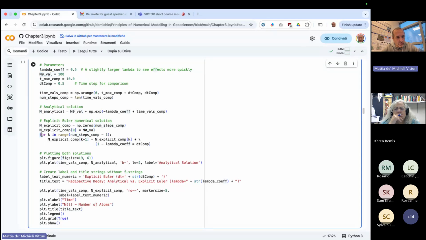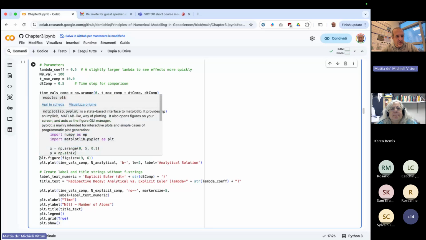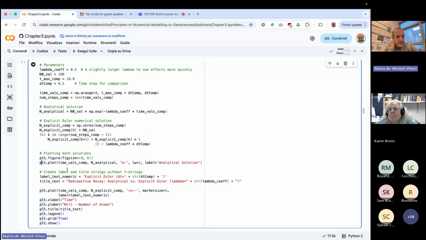And then we do the loop, the iteration, to update the numerical solution with the explicit scheme. We create a figure, and now in the figure, we plot both the analytical solution and the numerical solution computed with the explicit scheme.